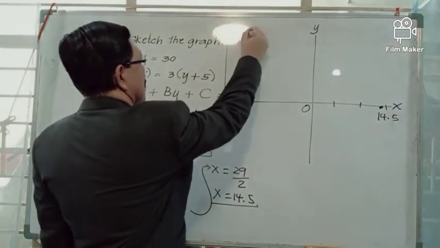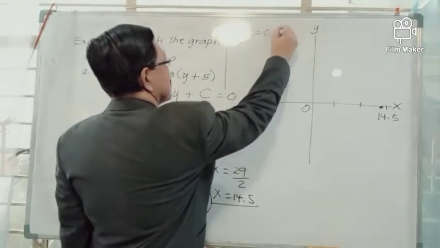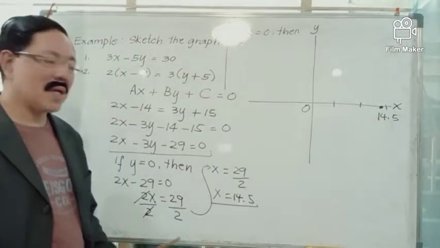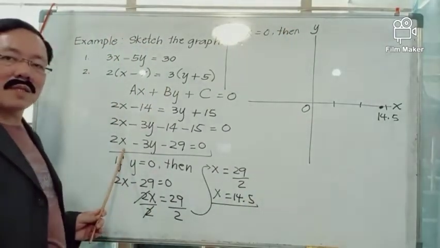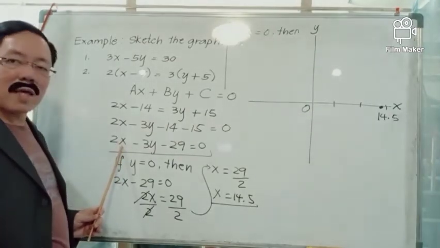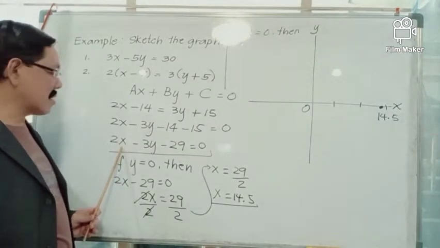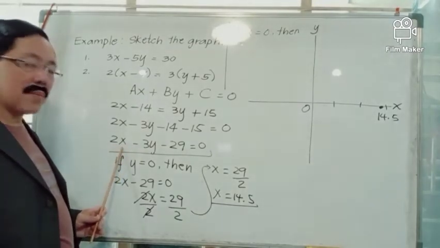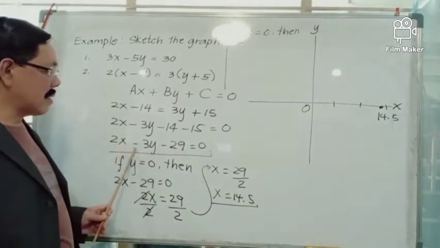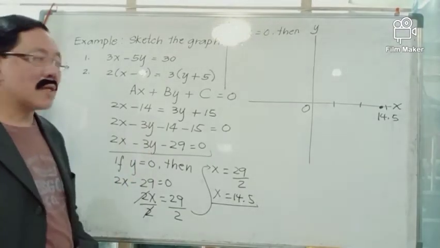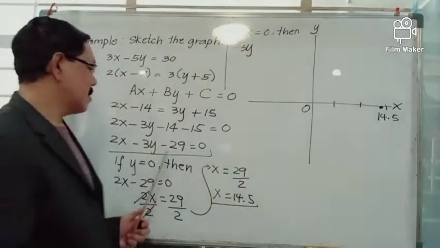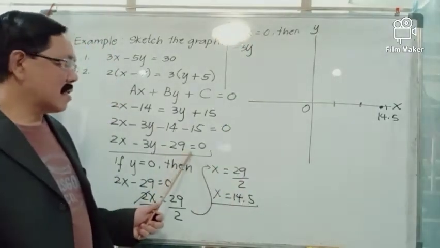If x equals 0, in the general form of the equation of the line, we let x equal 0. And we substitute 2 multiplied by x, 0, is 0, 0 minus 3y is negative 3y. Negative 3y minus 29 equals 0.